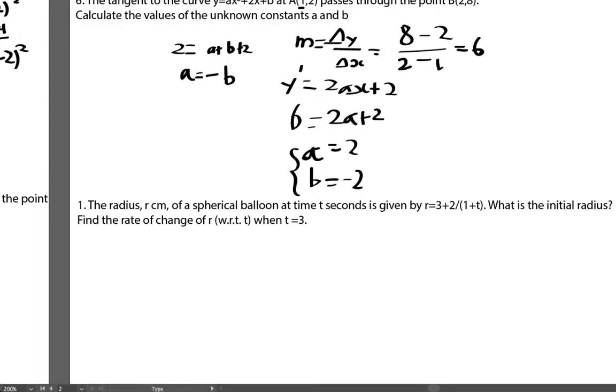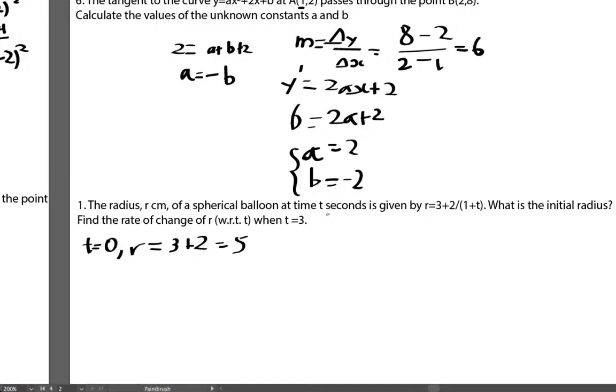So you just put in t equals 0: r equals 3 plus 2 over 1 plus 0, so the radius is 5.